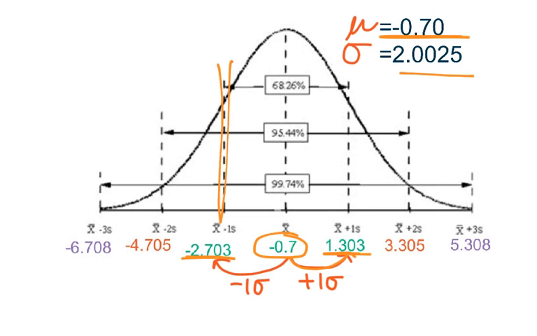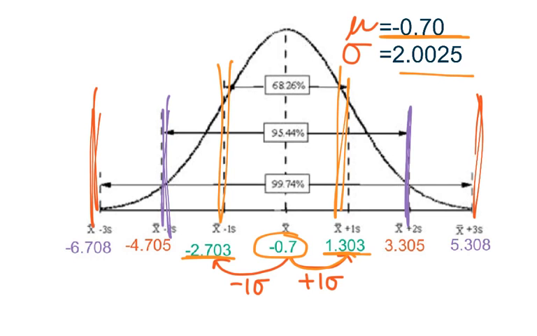That tells us that 68% of the values in this context will fall between -2.703 and 1.303. 95% of the values will fall within 2 standard deviations, which is -4.705 units and 3.305 units. And lastly, 99.7, so almost all of the values will fall between -6.708 and 5.308 units.